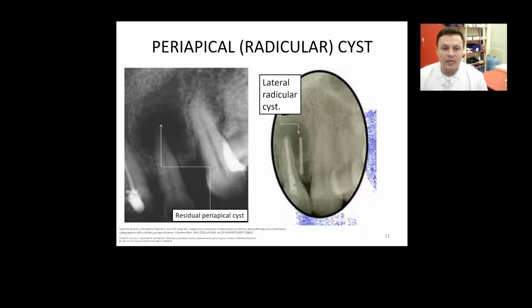The source of the epithelium is usually the islets of Malassez. Less often it is the epithelial lining of the gingival pockets, the epithelium of the paranasal sinuses, and the epithelial lining of the fistulas. When the cyst is located to the side of the tooth root, it is a lateral radicular cyst. If a cavity formation is found in the apical region of the extracted tooth, it is a residual periapical cyst.